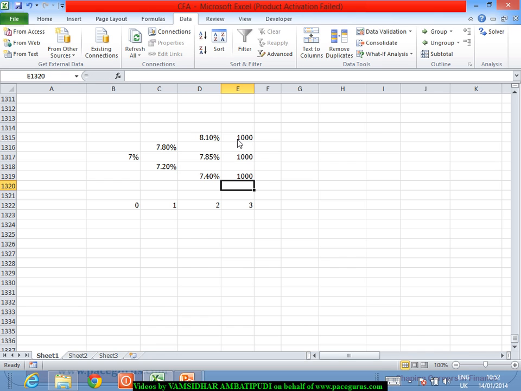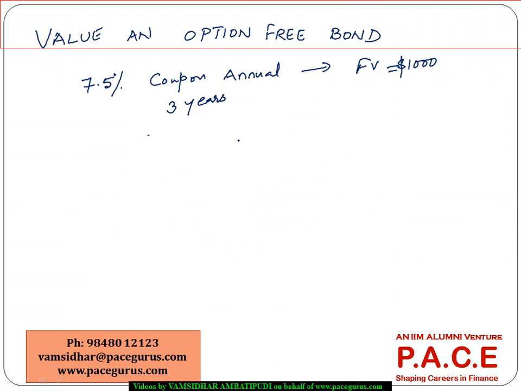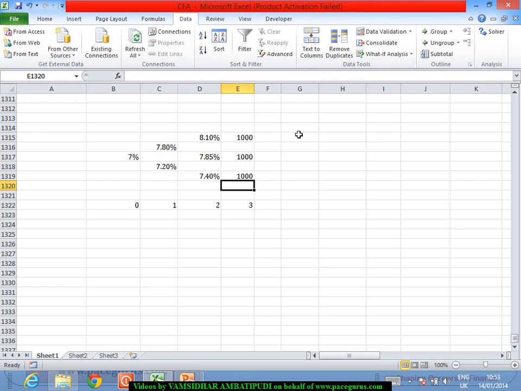As a part of the bond, I will definitely get 75 at the end of the first year, 75 at the end of the second, and 1075 at the end of the third year. These are the cash flows that are going to come up, right? Now I would like to find out the present value of each of these.